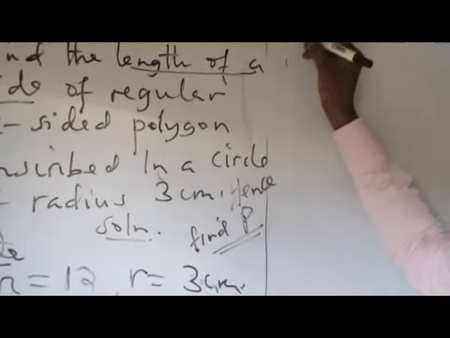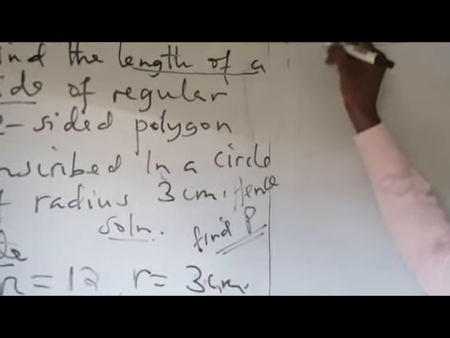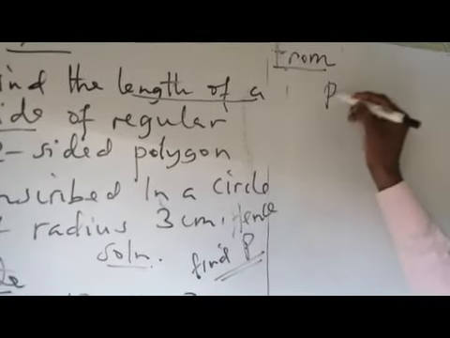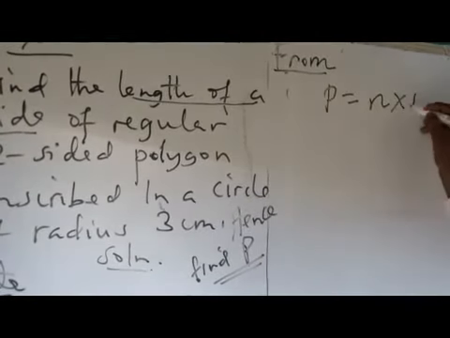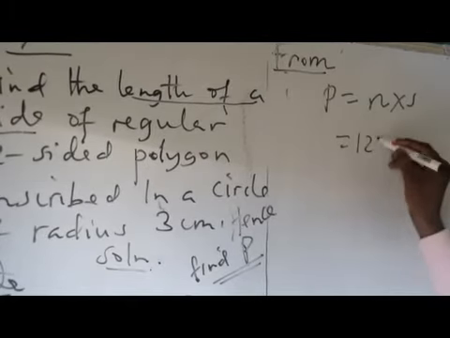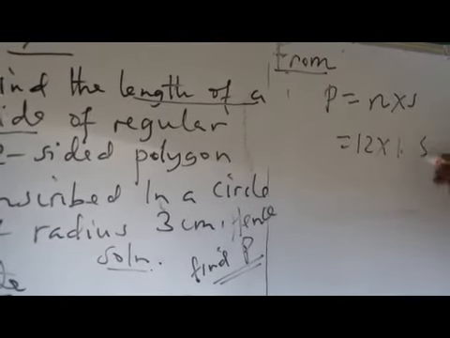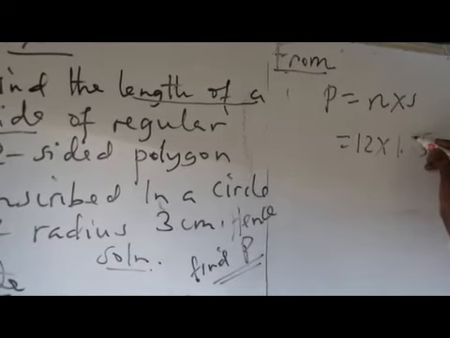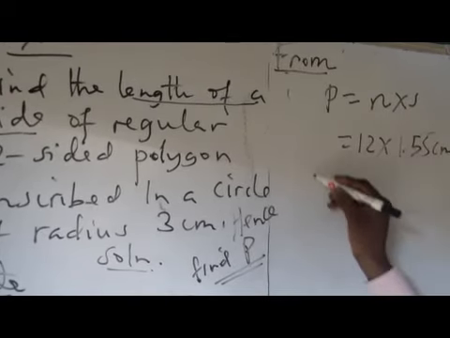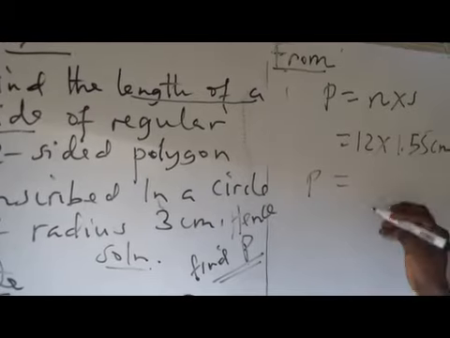From perimeter equals n S, this will be 12 times 1.55 centimeter. At the end of the day, you get the perimeter to be equal to 18.6 centimeter.